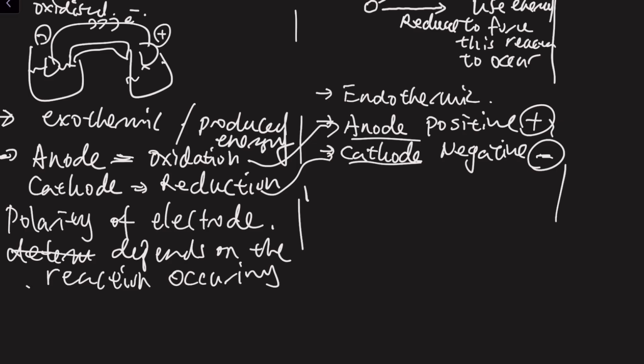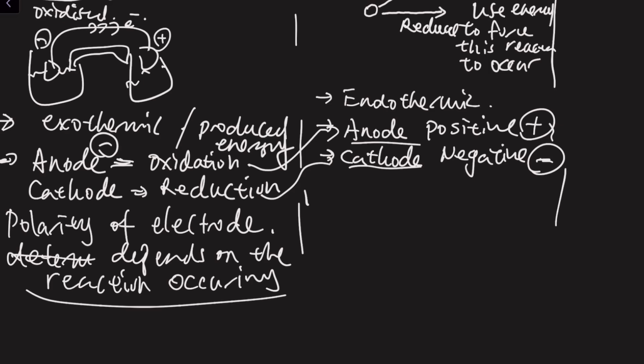Whereas for the galvanic cell, the electrons are leaving the anode spontaneously. And because we know that when things have the same charge, they repel each other, that's why the anode is negative in the galvanic cell example. And we also know that opposites attract. So because the electron is negative and is flowing towards the cathode, the cathode is positively charged.